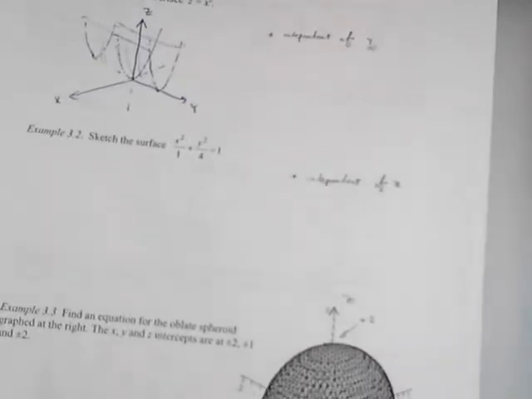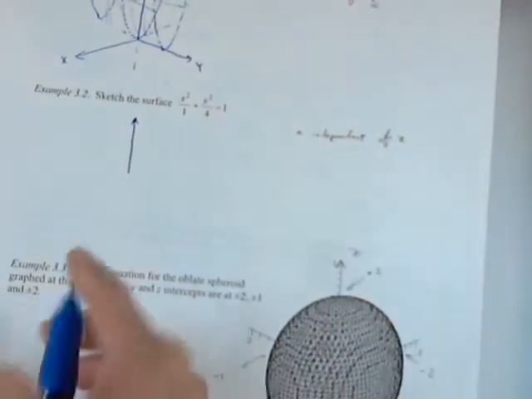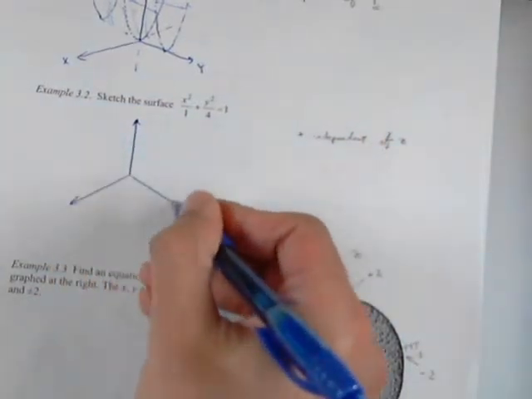Okay, the same style, but this time I have this surface, x squared over 1 plus y squared over 4 is 1, right? The first thing you notice is that it is independent of z. So start with z is 0, and I have x and y and z.